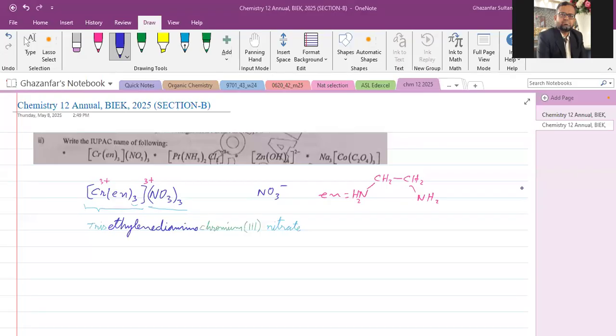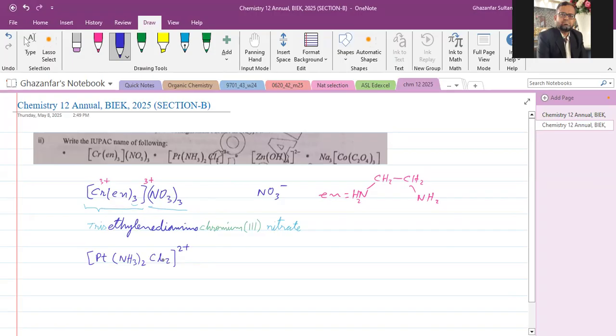Now come to the next coordination sphere, which is platinum, diamine, 2 amino groups are there, and 2 chlorine are there. And overall charge is 2+.